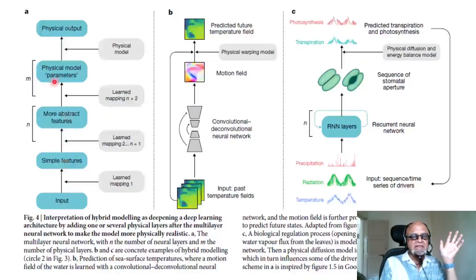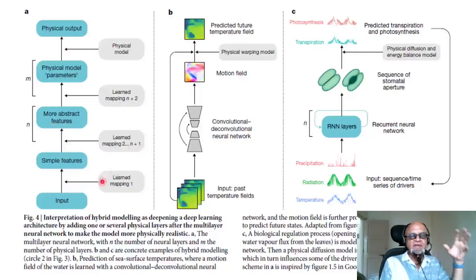So here the multi-layer neural network with n number of neural layers and m number of physical layers. Okay, so here is the model input, simple features, so learned mapping 1, learned mapping 2 to n plus 1. More abstract features, so you have n number of neural layers here, then comes learned mapping n plus 2, then you have m layers of physical layers, and then you have the physical model receiving this information to produce the physical output.